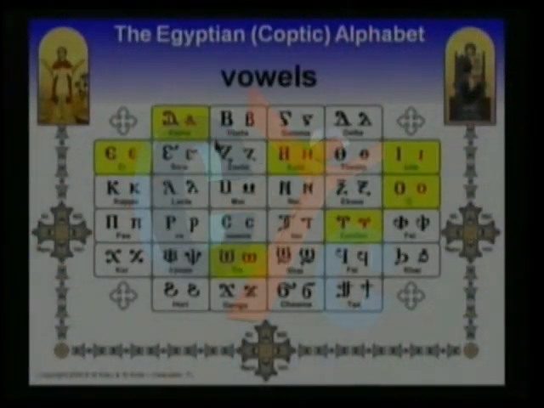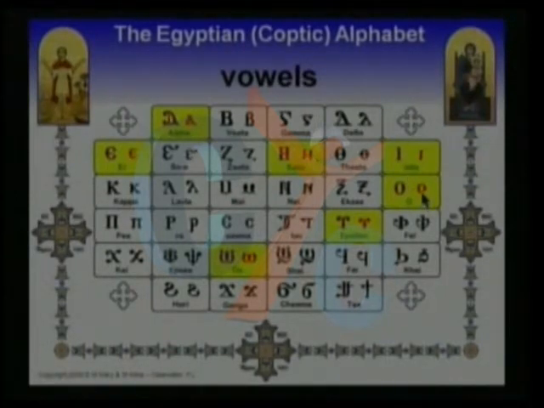Here I want to look at the vowels in the Coptic alphabet, and there are 7 vowels here. The first one is the alpha, pronounced A, as we said before, and then the epsilon, pronounced E. Then the one that looks like the English H, eta, is a long E. The iota is E, so this eta here is as if there are 2 iotas attached together.